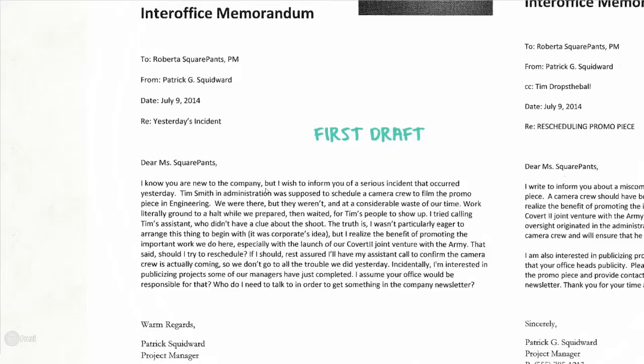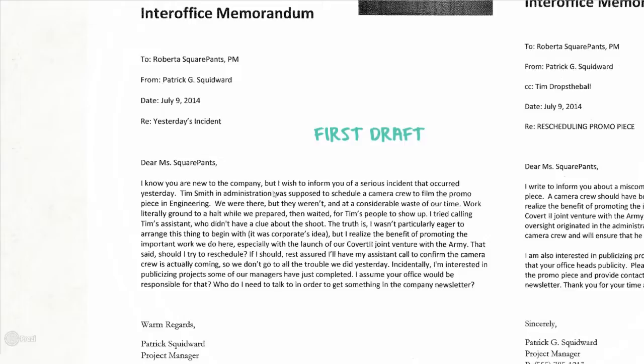That's one of the quickest ways to kill the idea that you are an objective, professional, distanced person, that you're a credible source. Because if emotions are involved, that's going to automatically diminish your credibility in some pretty dramatic ways. So it's pretty clear that this person is angry, and they're also very clearly placing blame on this specific person they named, Tim Smith, in administration.